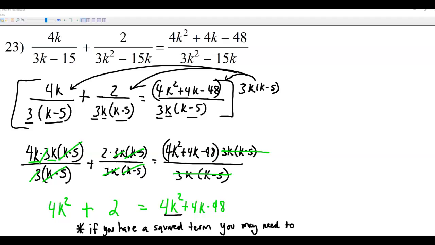I'm going to go with factoring to solve. Okay, and so when you have a quadratic, the first thing you want to do is move everything to one side. So I'm going to subtract the 2 on both sides there.